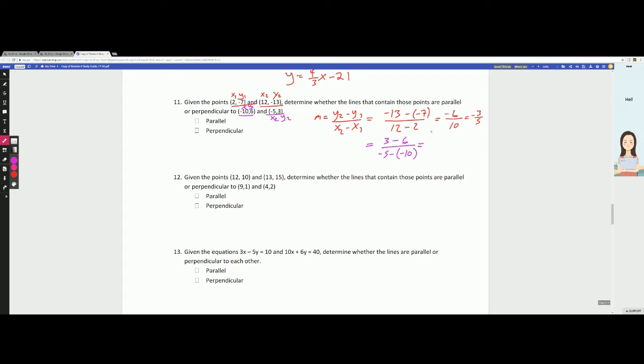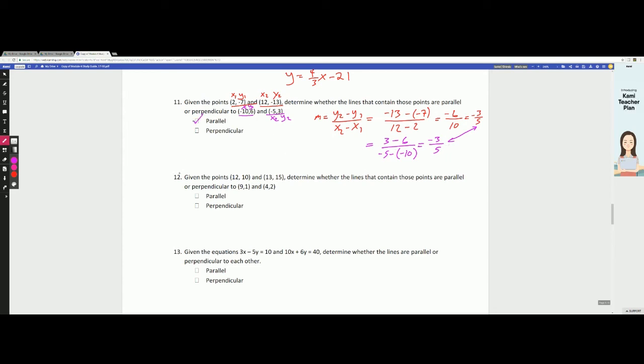Oh, so I'm paying attention to the double negatives. All right, I get -3 on the numerator. -5 plus 10 is +5. Oh, look at that. What do we know? They're the same. All right, therefore we've got to be parallel.